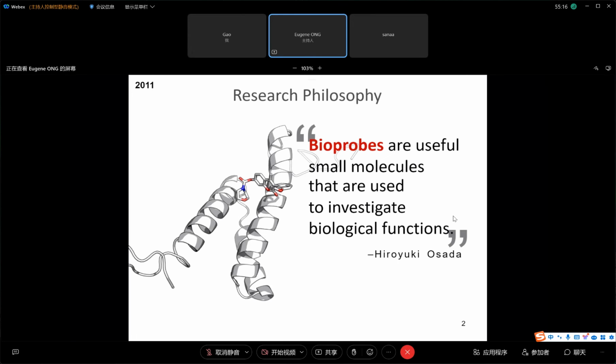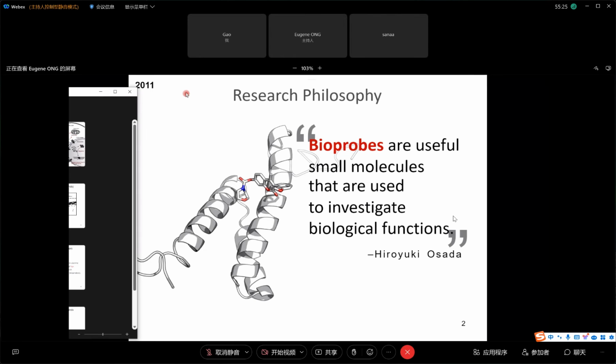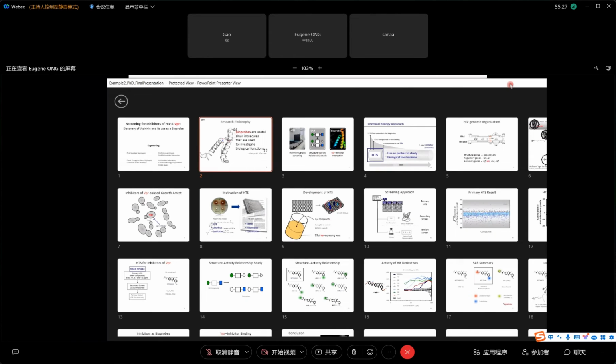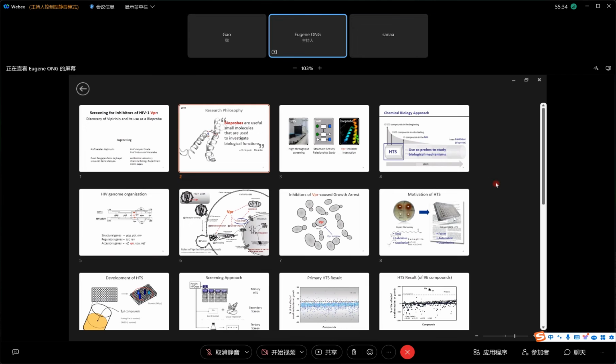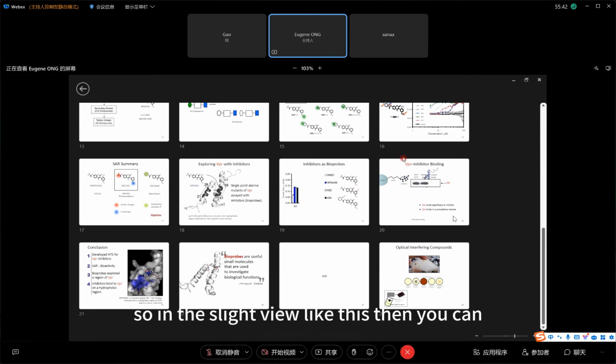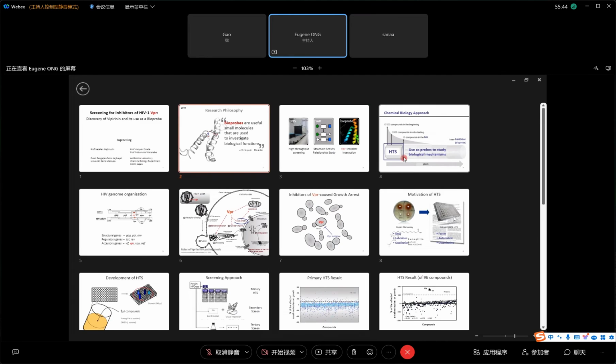So one is the slide view like this. So do you know how to do a slide view like this? During your presentation. So in the slide view like this, then you can show everything.